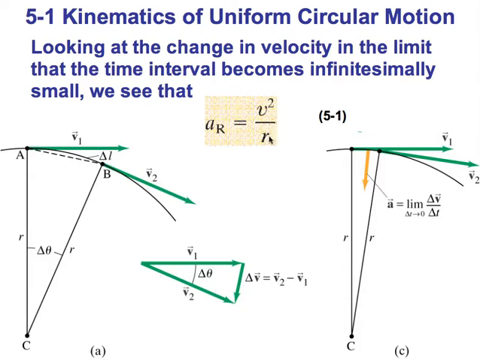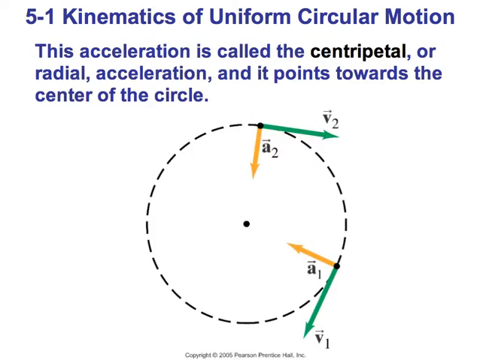Okay? So that's kind of the big idea for uniform circular motion. Notice no matter where you are on the circle, if you're moving in uniform circular motion, your acceleration is perpendicular to your velocity. So the velocity is always tangent, and the acceleration is always pointing towards the center. So you maintain this nice 90-degree angle here.